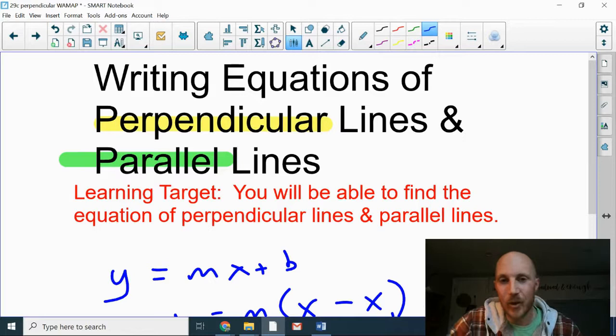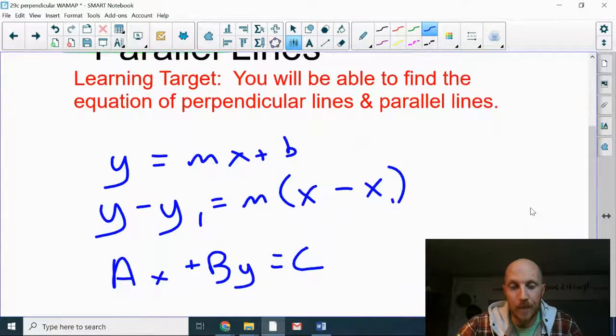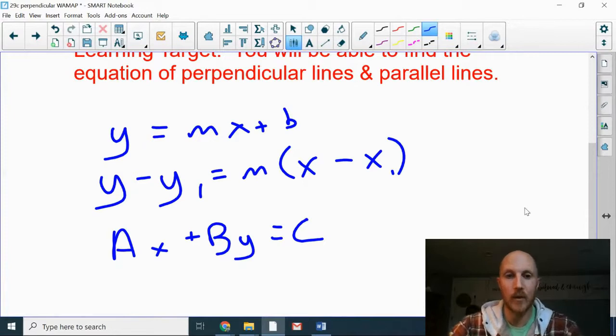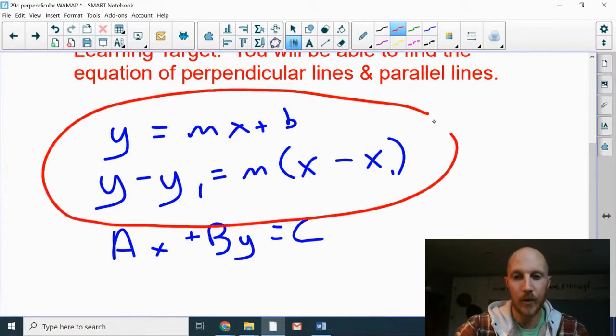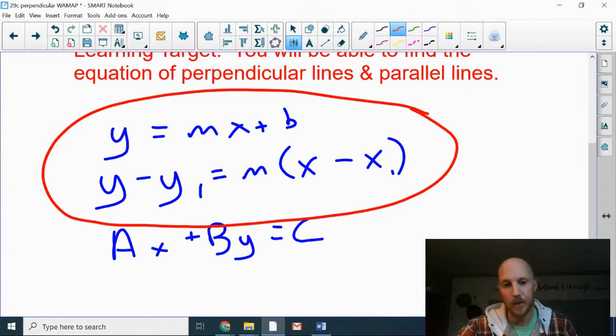Today we're going to continue learning about how to write equations of perpendicular lines and parallel lines. Again, same learning target as last time: you'll be able to find the equation of perpendicular lines and parallel lines. And we will be using these first two forms, slope-intercept and point-slope form.